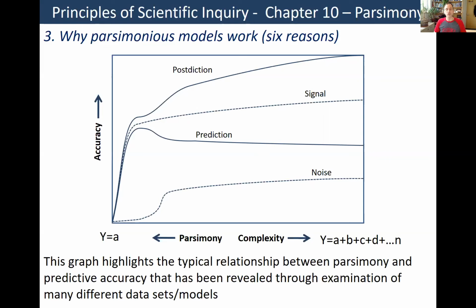Now, what's interesting is that there's another type of predictive accuracy, which is called prediction, and it always has to do with the ability of the model to predict data that were not used in the model. The best way to describe this is a situation where you have a drug and you do a drug test, right?